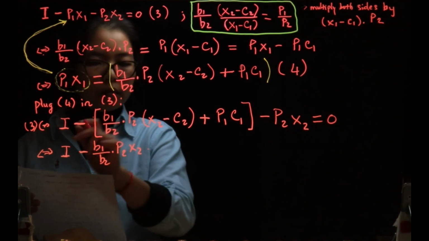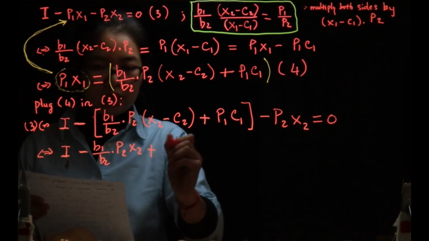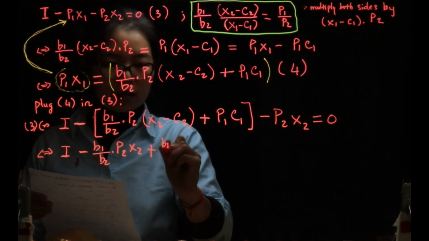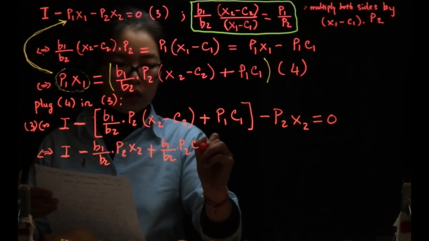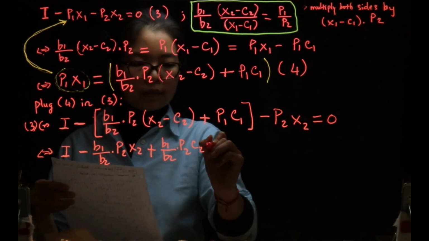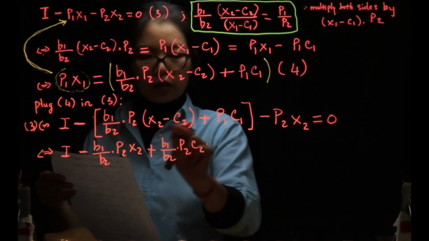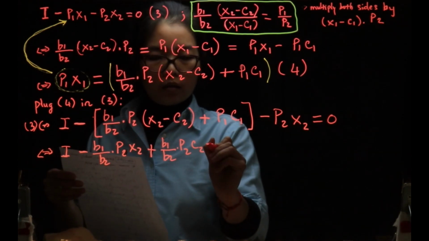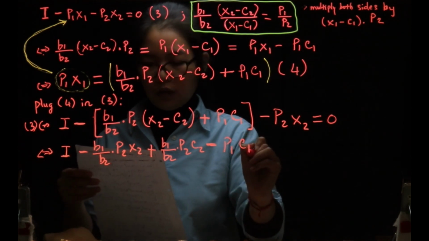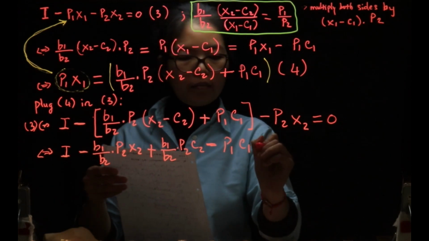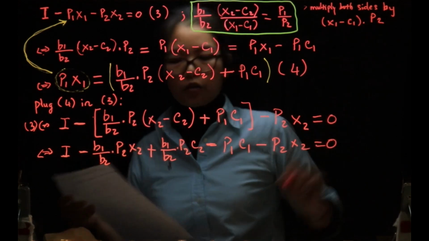And then here a minus, here a minus, should be plus b1 over b2 times p2 c2, and what else? That is for this term, minus p1 c1, no? And then again minus p2 x2 equals 0.